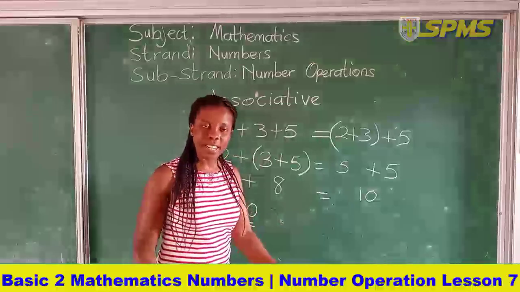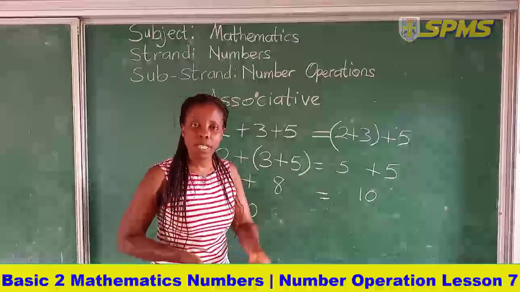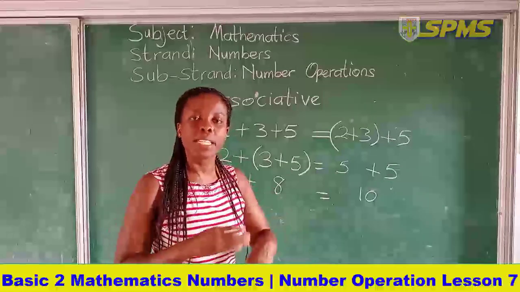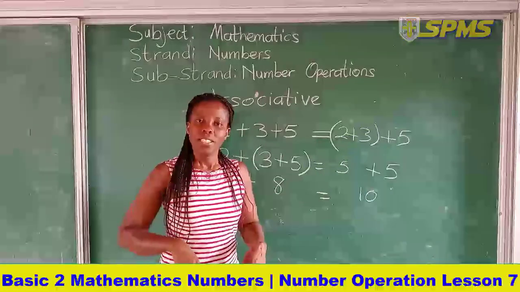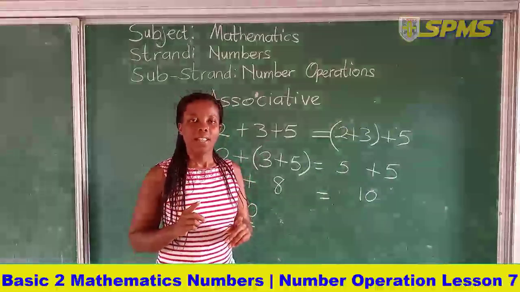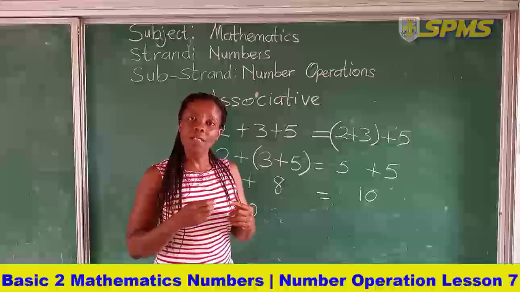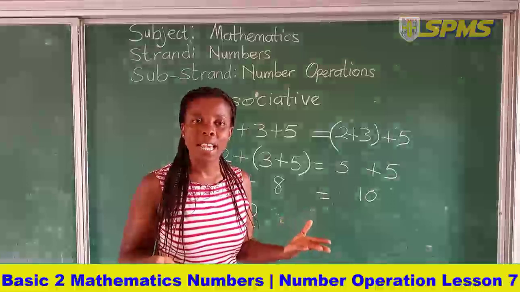So addition is commutative. Change the places of addends, you get the same answer. Change the places of the brackets, that means the connectivity will still be there and you will still get the same answer.